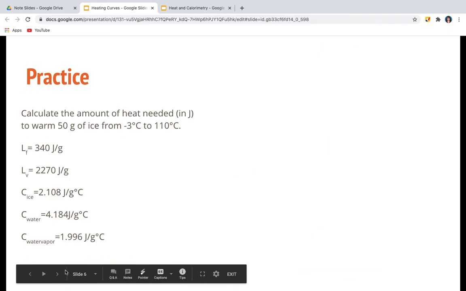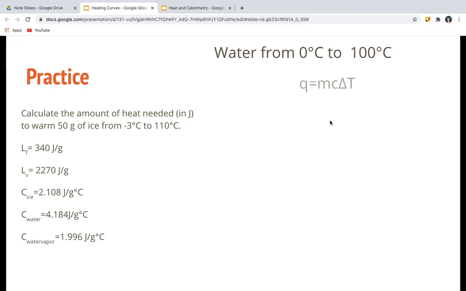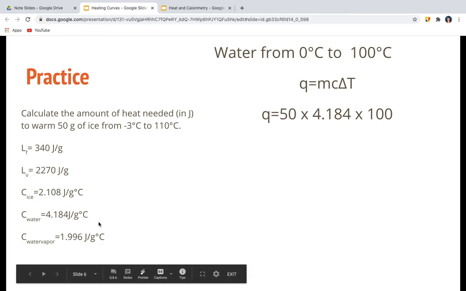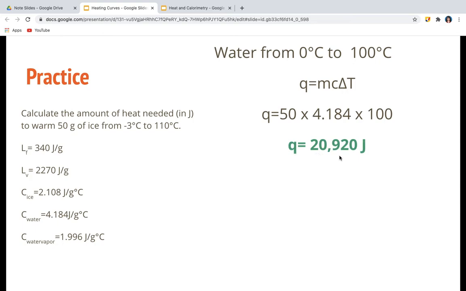Then, for our third step, we're going to do water from 0 to 100. So Q equals mc delta T again: 50 times 4.184, because now we have liquid water, times 100. We've got 20,920 joules.